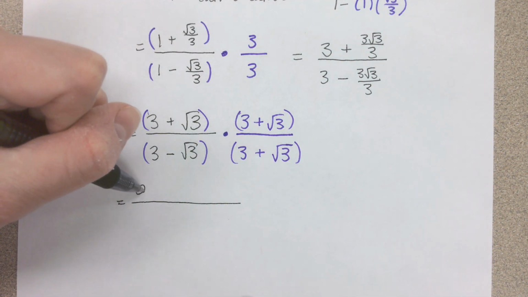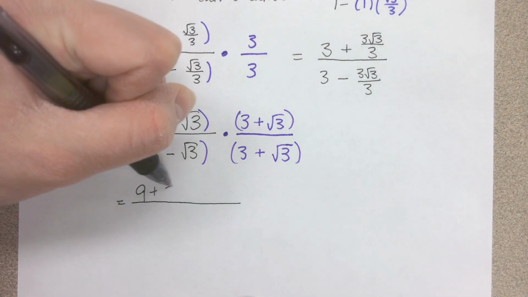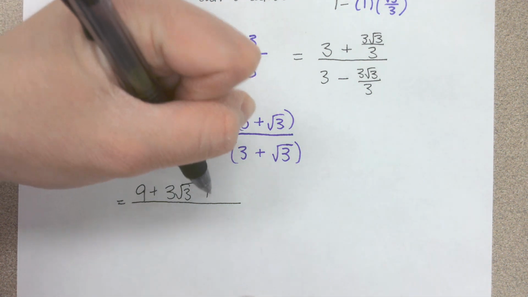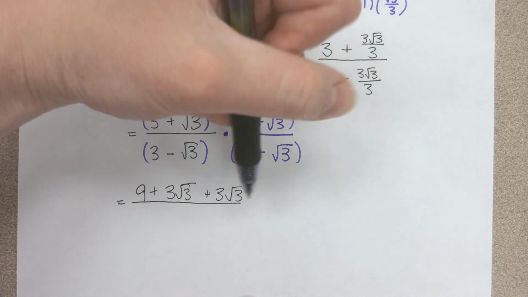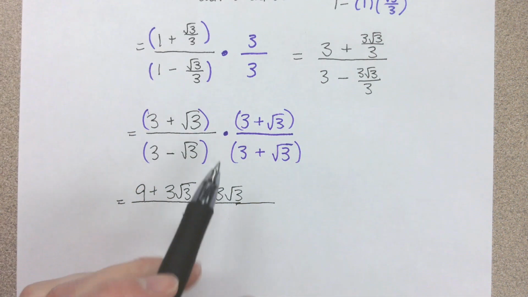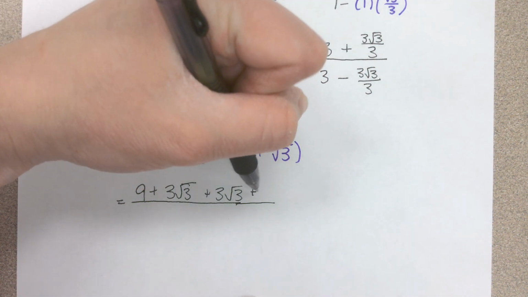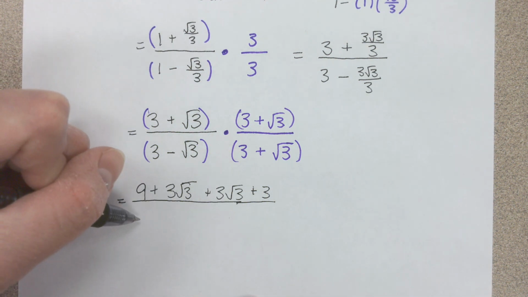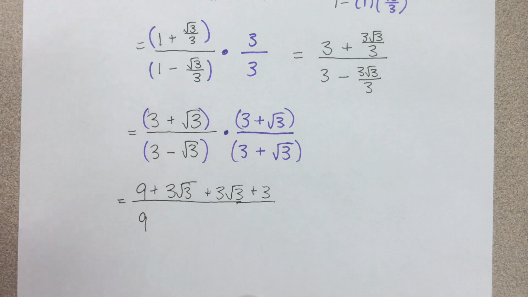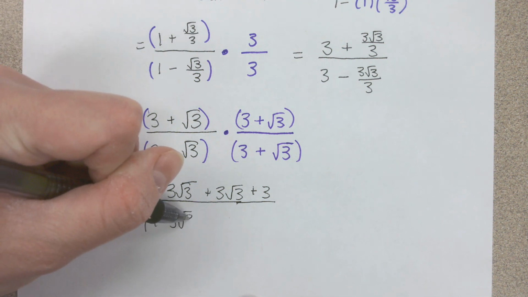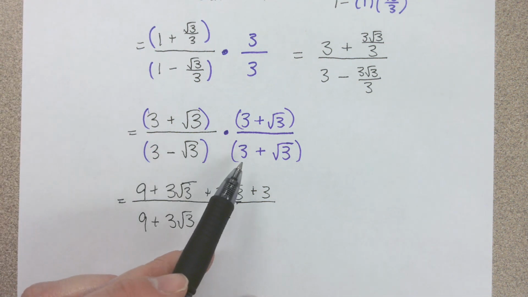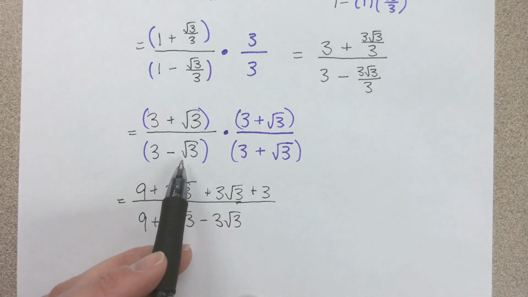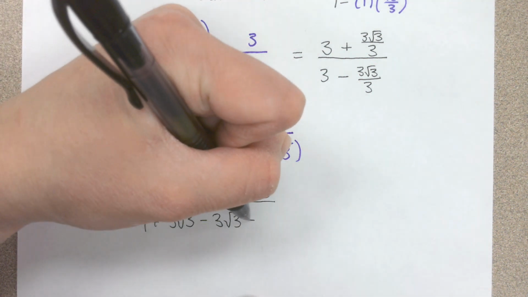Three times 3 is 9. 3 times rad 3, that's positive 3 rad 3. Rad 3 times 3, that's again 3 rad 3. And then rad 3 times itself is just 3. And on the bottom, 3 times 3 is 9. 3 times rad 3, that's 3 rad 3. Negative rad 3 times 3, that's negative 3 rad 3. And negative rad 3 times positive rad 3 is negative 3.